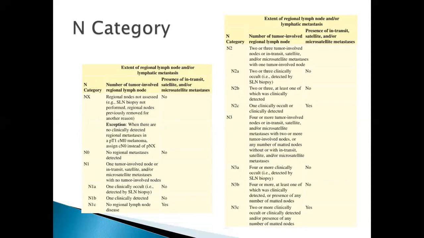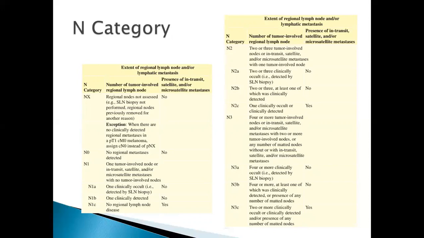You will also note that there is an added column for the melanoma N category table. The presence or absence of microsatellite, satellite, or in-transit mets, regardless of the number of lesions, also represents an N category criterion. The pathology report will state if these are present or not.